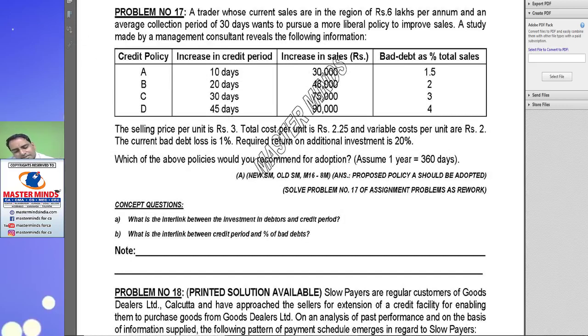The selling price is 3, total cost 2.25, variable cost 2, and the bad debt losses 1%. Required return on investment is 20%. Which policy should be adopted? 1 year is equal to 360 days.